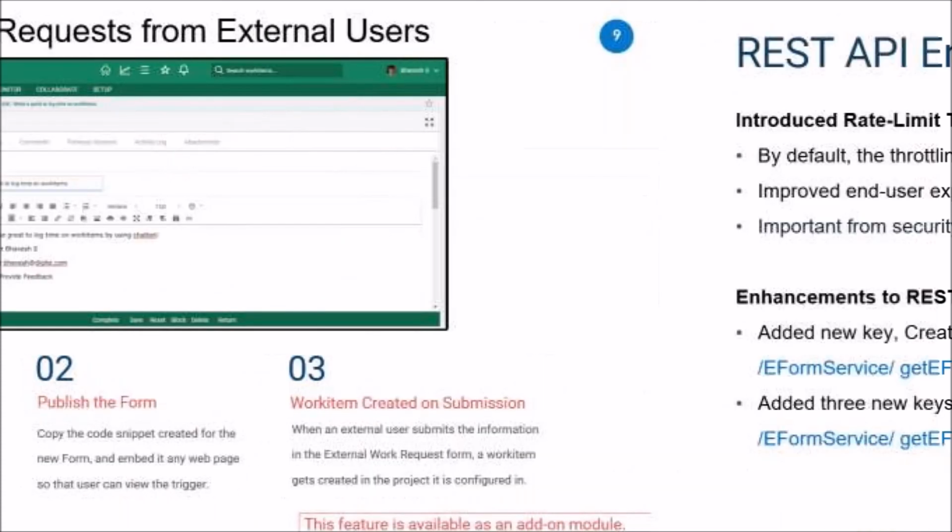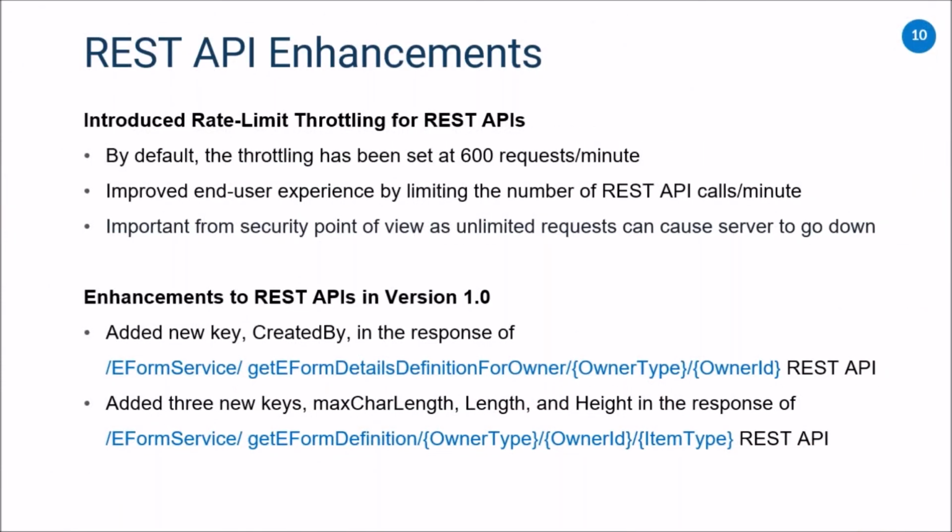So along with this, what we have done is the enhancements to the REST API. So first up, we have enabled rate limit throttling for our REST APIs. This we have introduced because we would like the end user experience to be as optimal as possible, even when the number of requests that are coming to the server are very high. And also, it is one of the best practices from the security point of view.